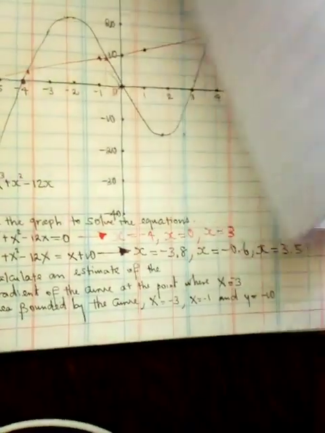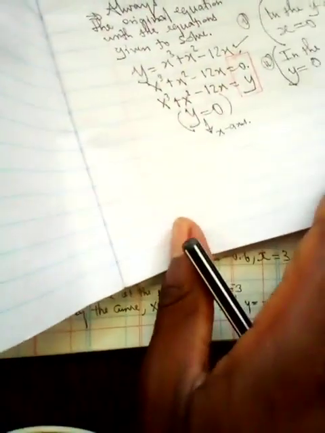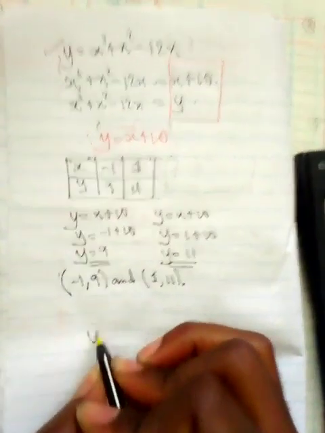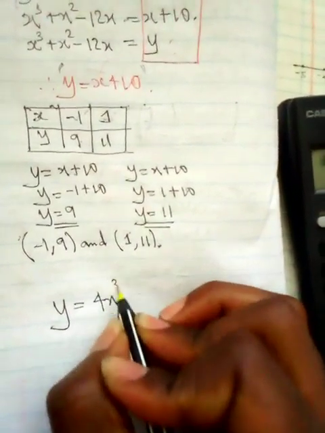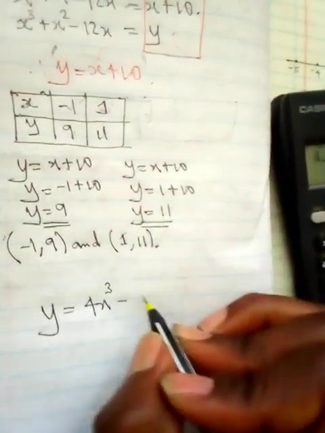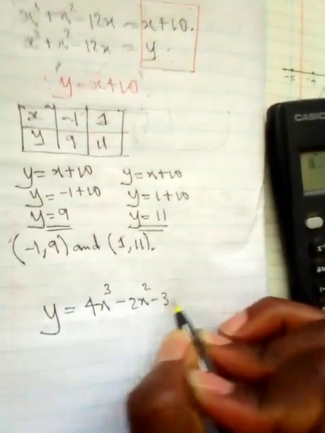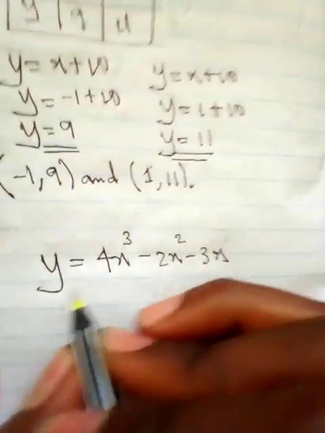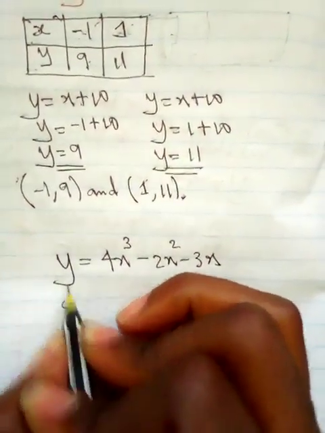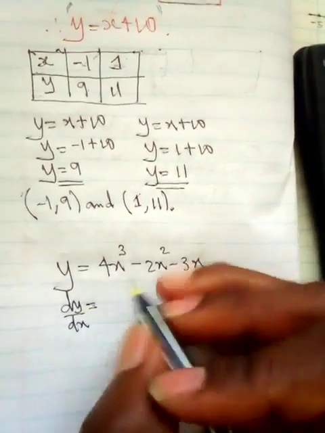For the sake of practice, let me just put another example so that you understand the whole concept here. What if we had been given this? 4x to the power 3 minus 2x squared minus 3x. And then we're being asked to differentiate. y would change to dy/dx, differentiate y with respect to x.